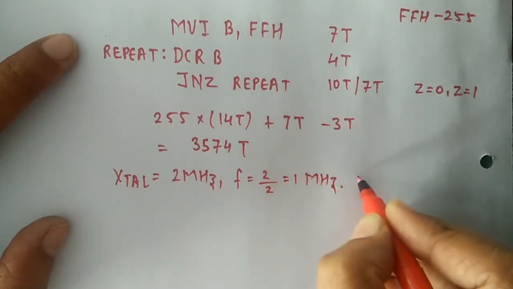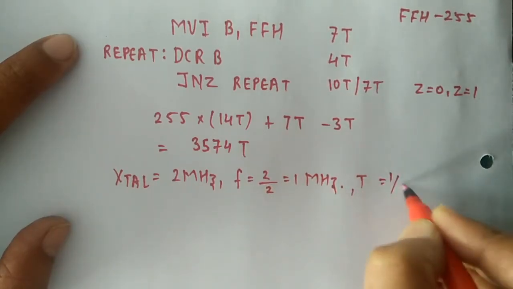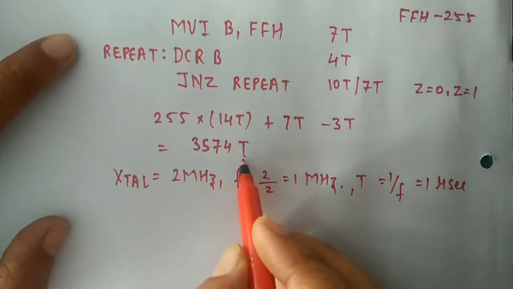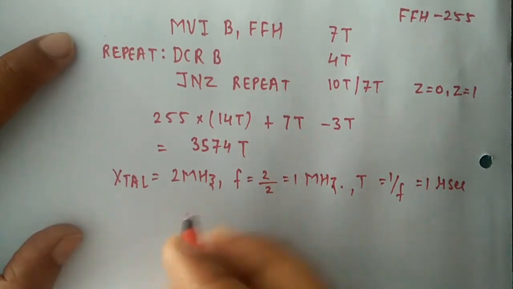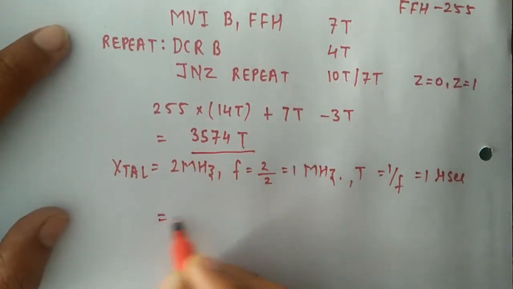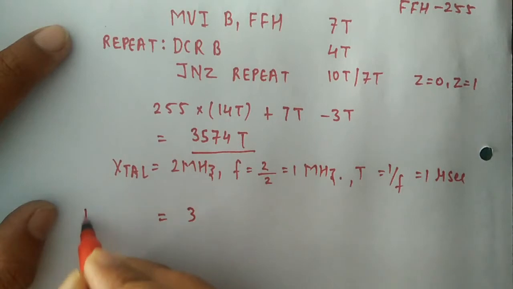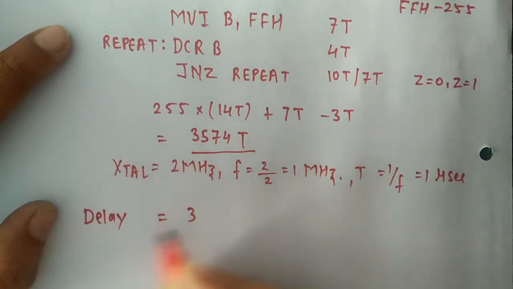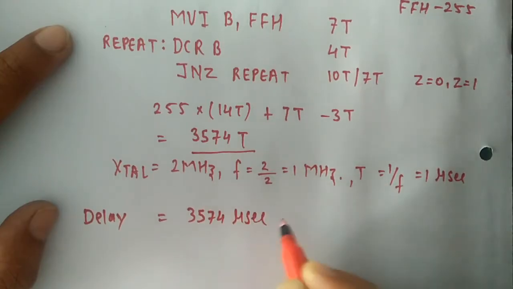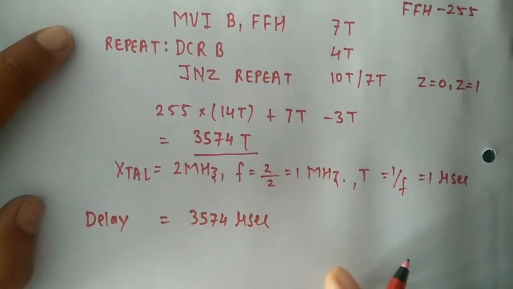And from there we can get the value of T. It will be 1 by f, and that is equal to 1 microsecond. So the value of T is 1 microsecond, and after putting the value of T here, we will get a delay of 3574 microseconds.